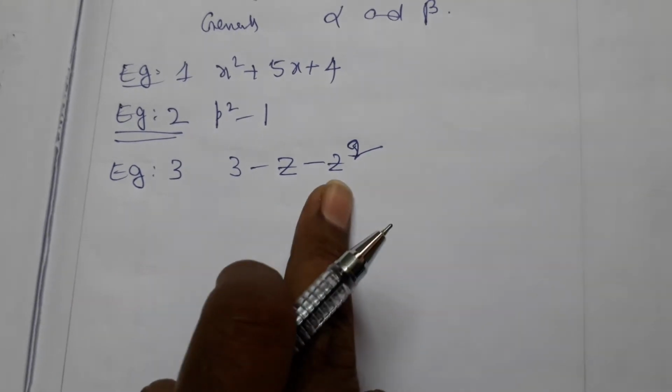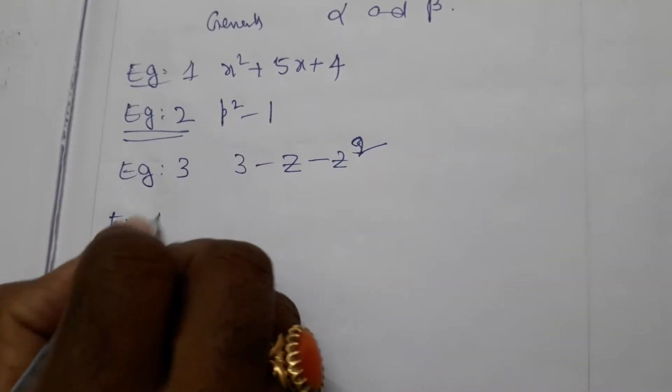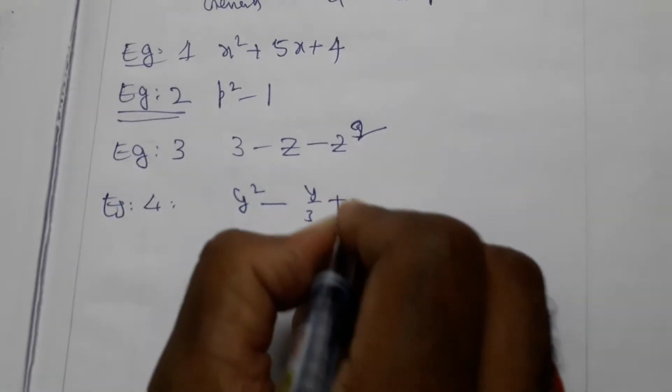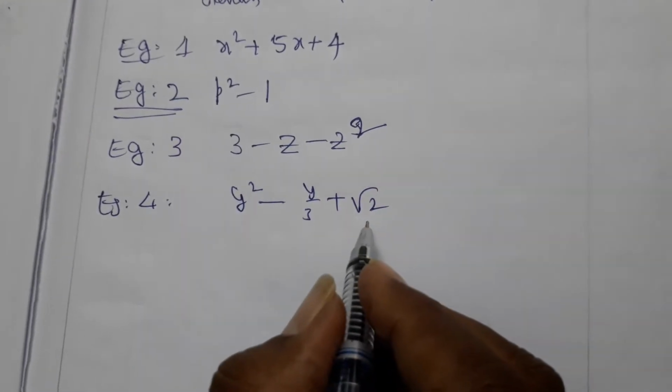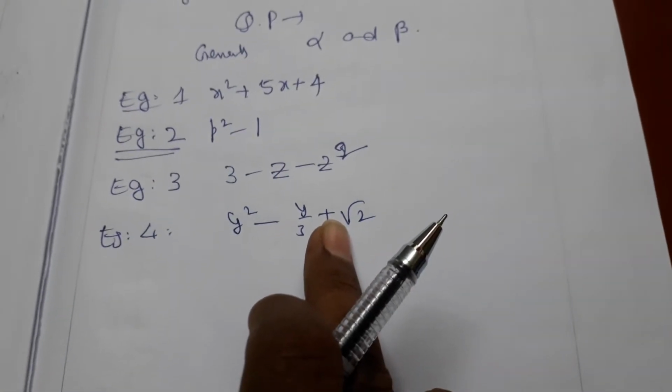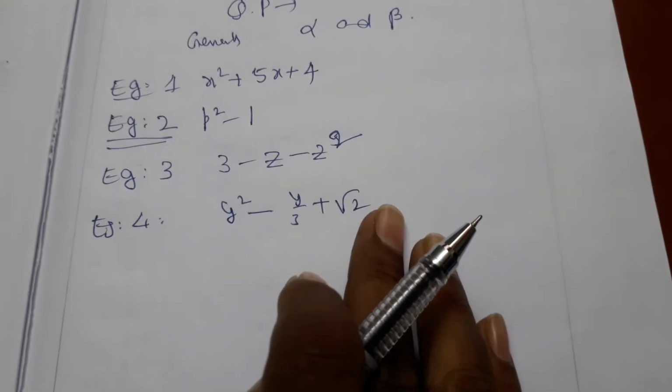Therefore, it is a quadratic polynomial. Example 4: y square minus y by 3 plus root 2. This is also a quadratic polynomial, but the variable is y here, z here, p here, and x. Therefore, all these 4 are examples of a quadratic polynomial.